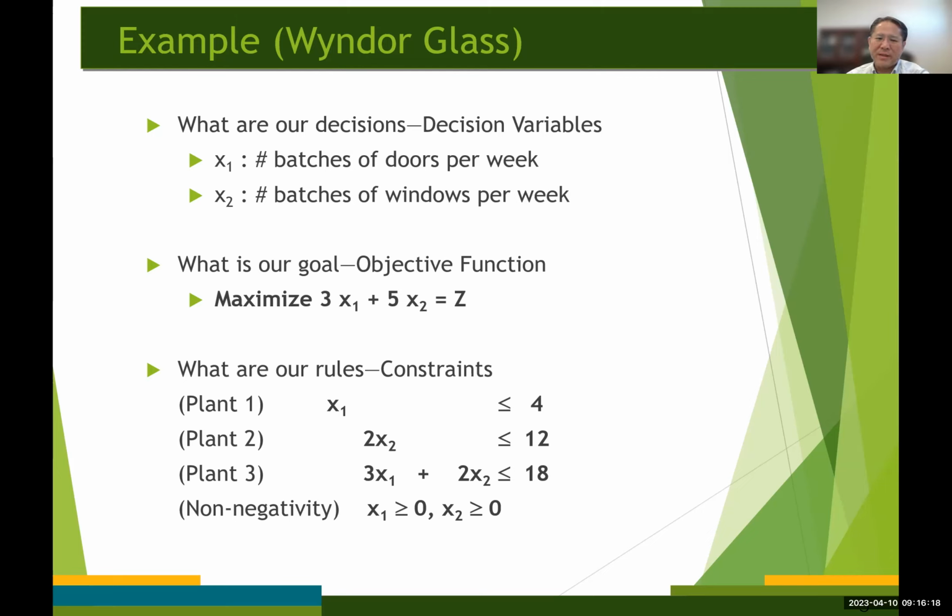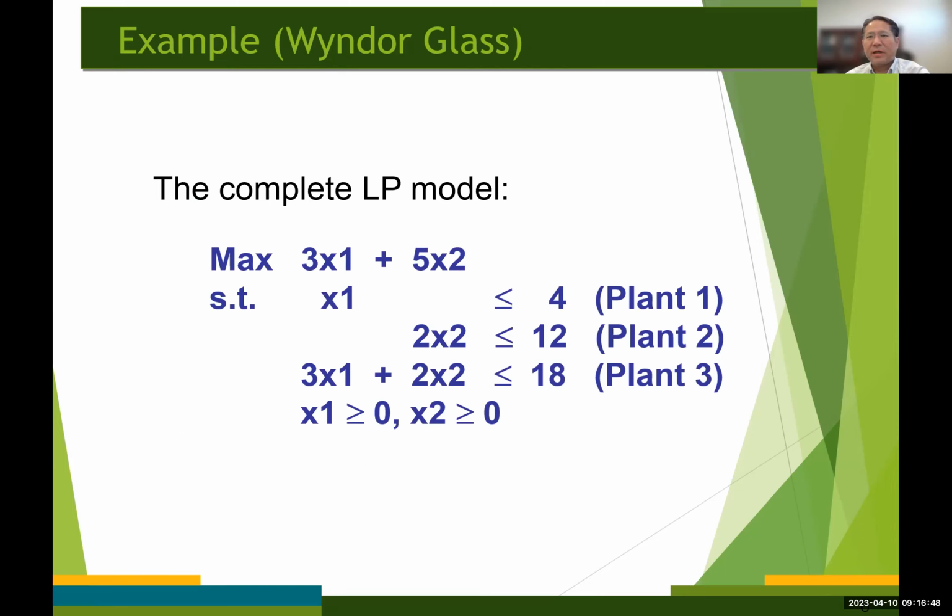In each plant, there is a different amount of labor hours required for producing the two products, and the capacity of each plant is also different from each other. And of course, the production rate cannot be negative, so we added a non-negativity restriction to each decision variable, right? Okay, so putting it all together, this is the complete LP model for the window glass example problem.